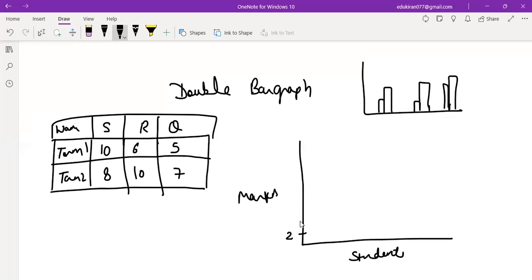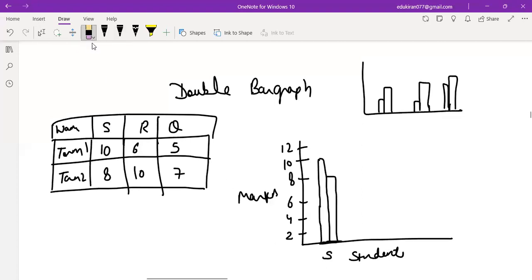You can take 2, 4, 6, 8, 10, and then one more greater, 12. Now for S first, this block will be for S. S scored 10 in term 1, so you will make it like this. 10. In term 2, he scored 8. So done. This is for S.